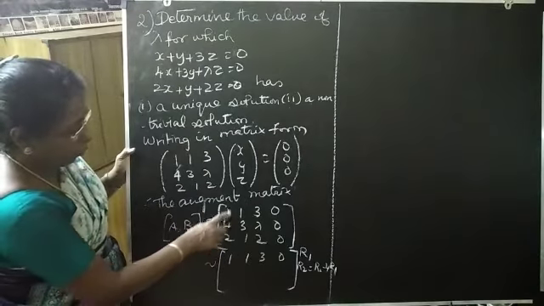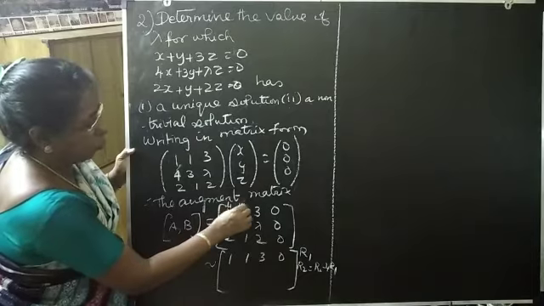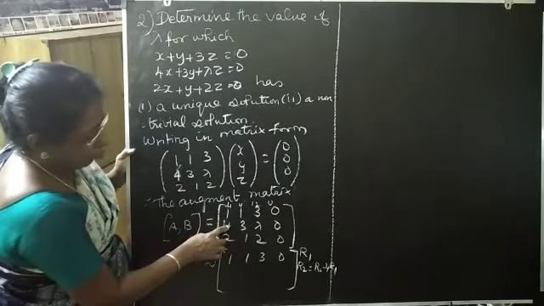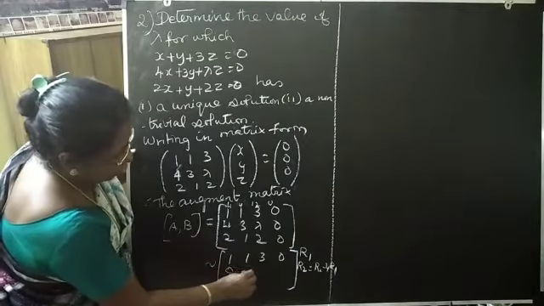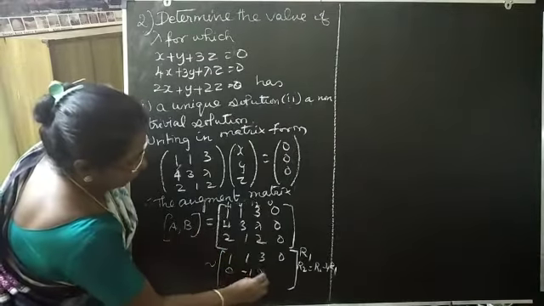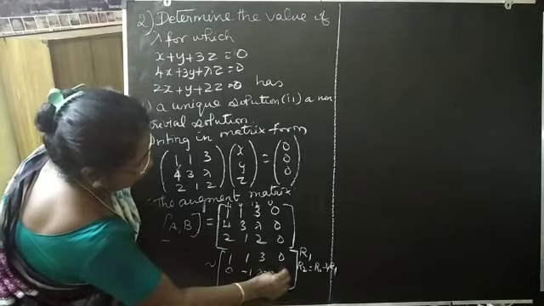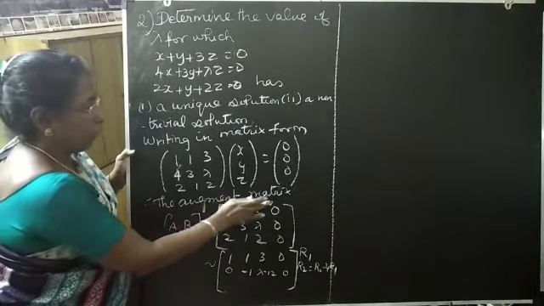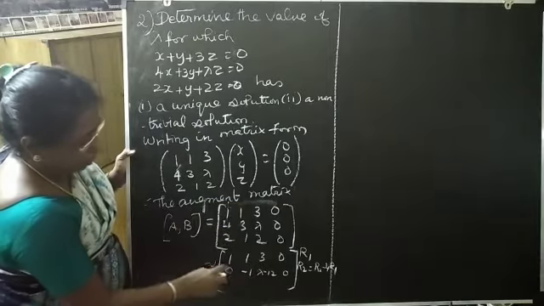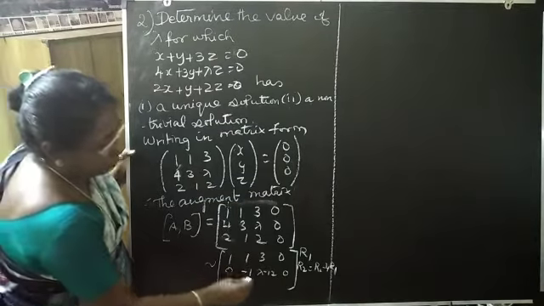So here this place will be 4, 4, 12, 0. So 4 minus 4 is 0, 3 minus 4 is minus 1, lambda minus 12, 0.